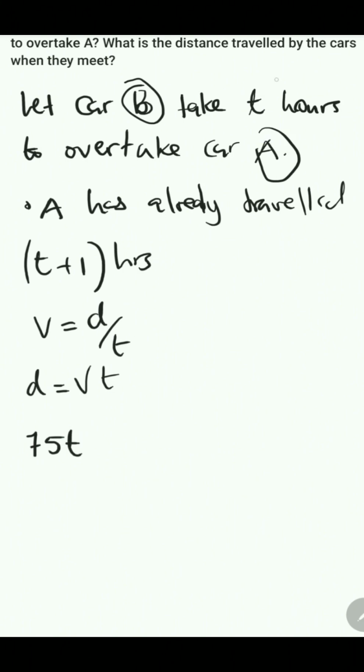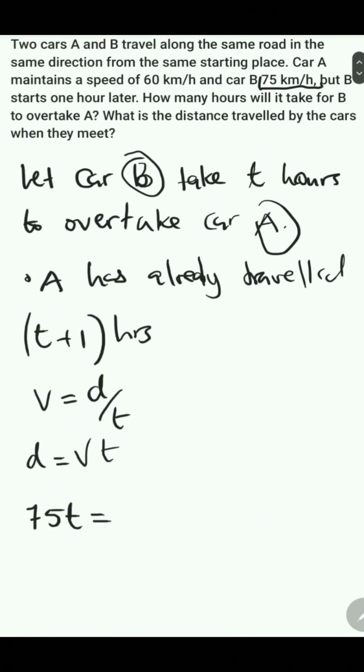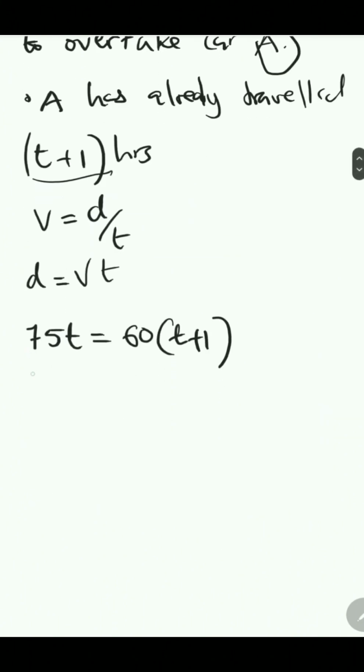So 75t is equal to the speed of car A, which is 60 kilometers per hour, multiplied by the time it took, which is an hour added to when B started traveling, that is t plus 1.